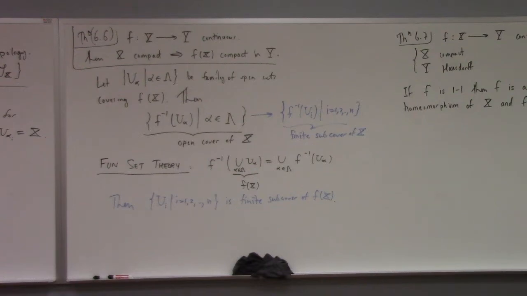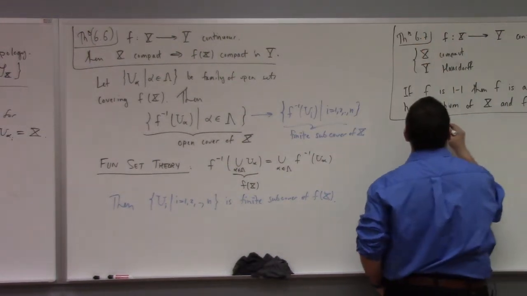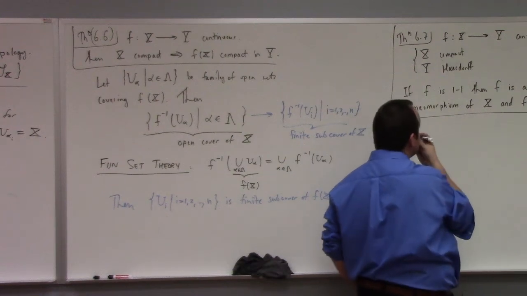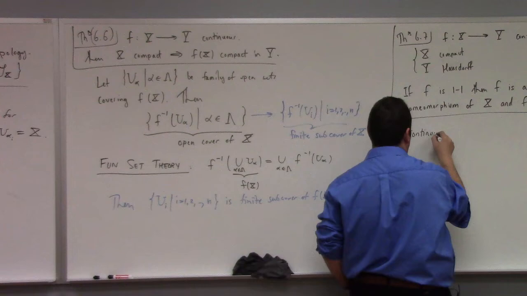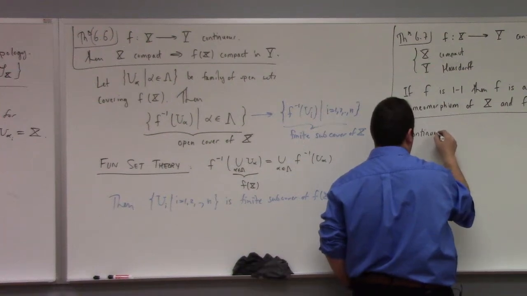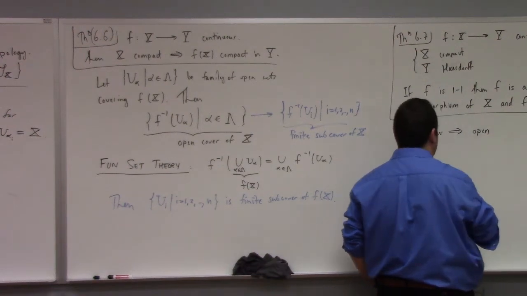You said last time that if f maps open sets to open sets, that's called an open map. Yep. So this is saying that if these conditions are met, then continuous implies open. That's not usually the case.